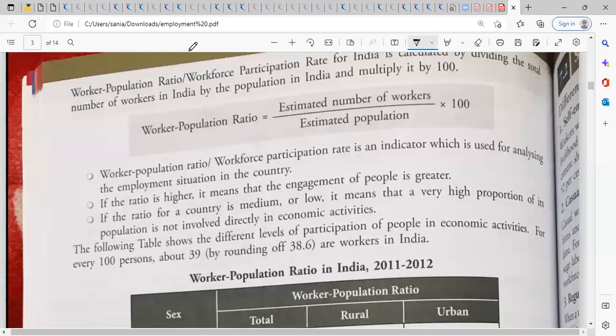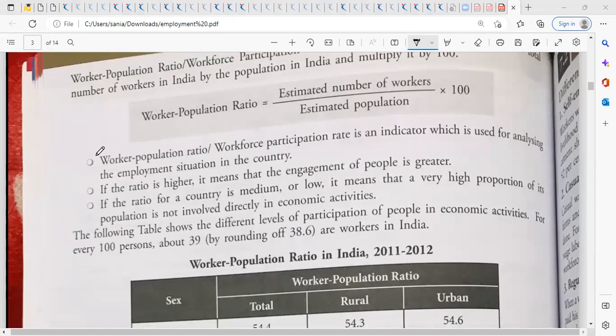Now, why are we finding out the work population ratio? The workforce participation rate is an indicator used for analyzing the employment situation in the country. Very important: it is used to analyze the employment situation.